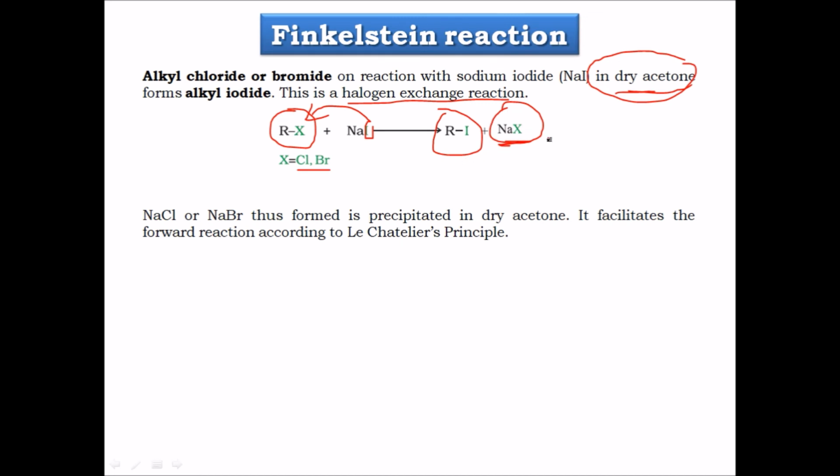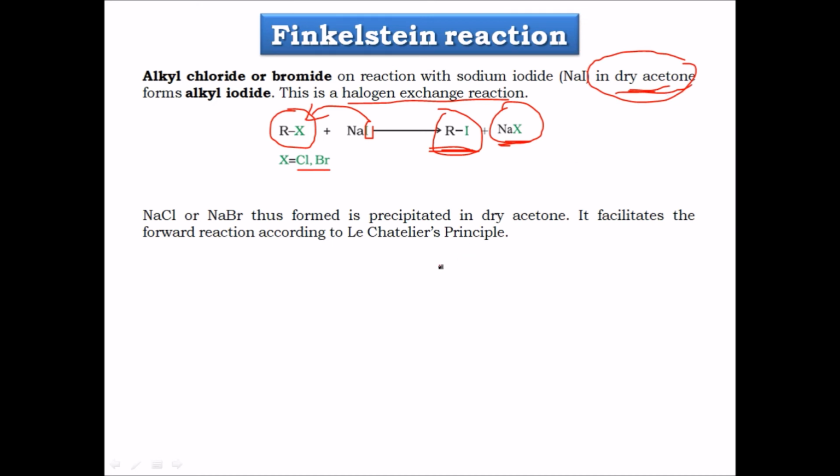If you remove this NaX, or if it is precipitated, the reaction will shift in the forward direction according to Le Chatelier's principle, and the forward reaction is nothing but the formation of more and more alkyl iodide. So we'll get better yield of alkyl iodide if you take the reaction in triacetone. That's the reason why the solvent also plays a very important role here.